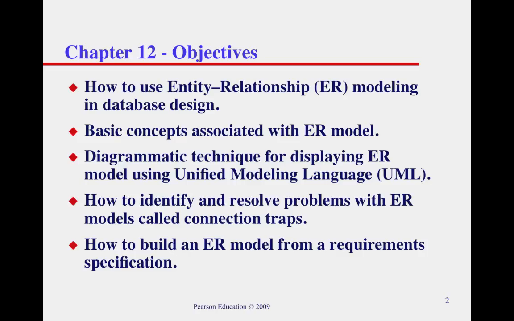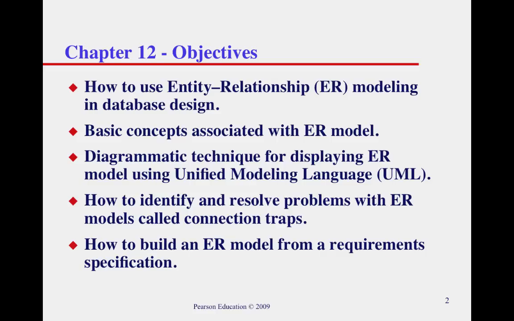And entity relationship diagrams aren't necessarily specific to the relational database model. You can map the design into a relational database, but it does not require that you map it into a relational model. You could also use this if you were using some other type of database like an object-oriented database. So this modeling paradigm is independent of the underlying database.